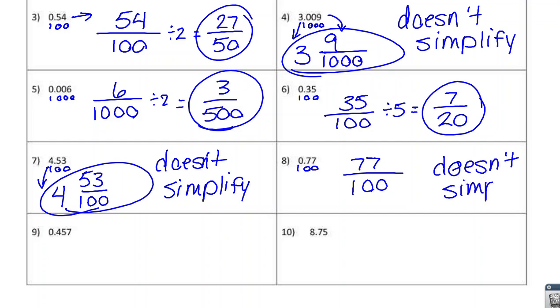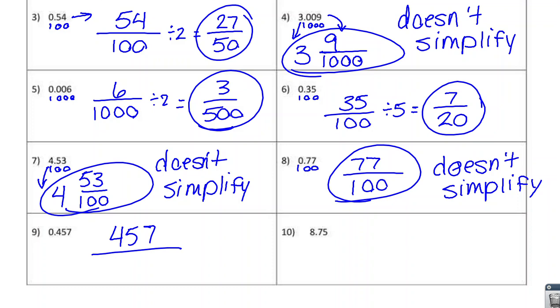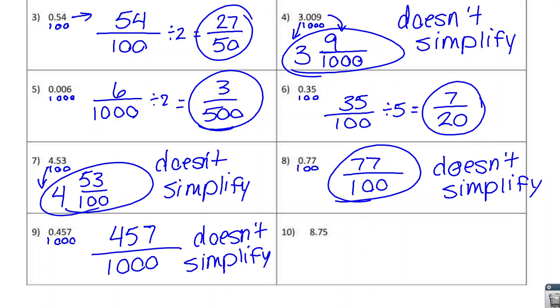I'm just putting these little notes for you here just so you know why you stopped. Number 9, 457 over 1,000. And that one doesn't simplify. And then the last one, the 8 comes out. 8 and is the fraction. 75 over 100.